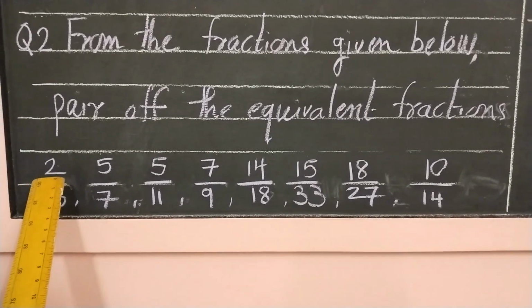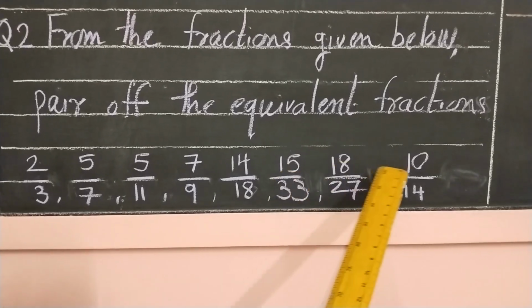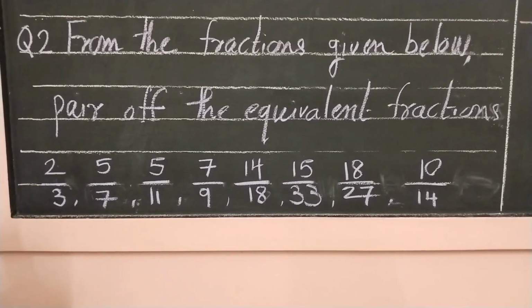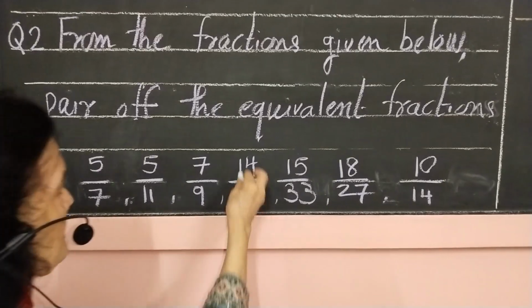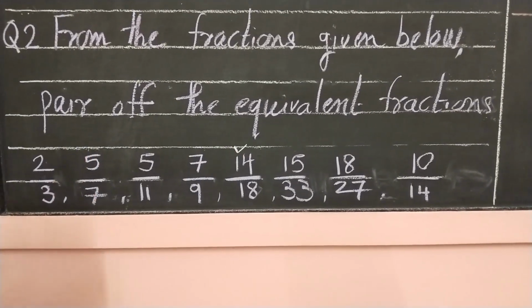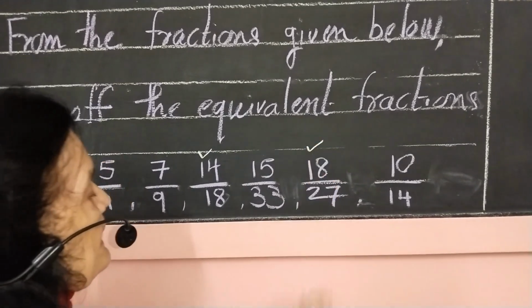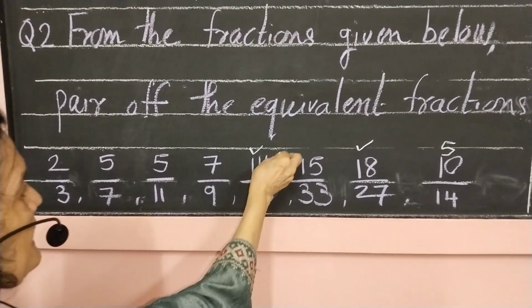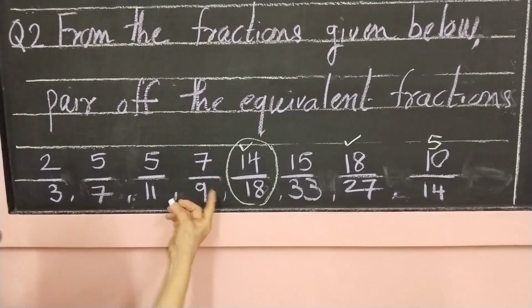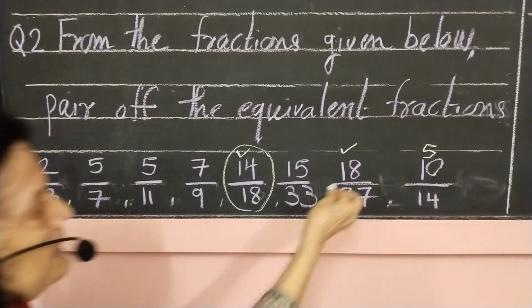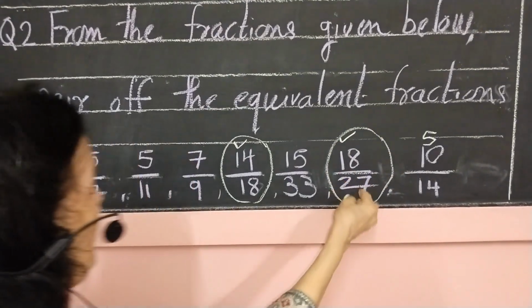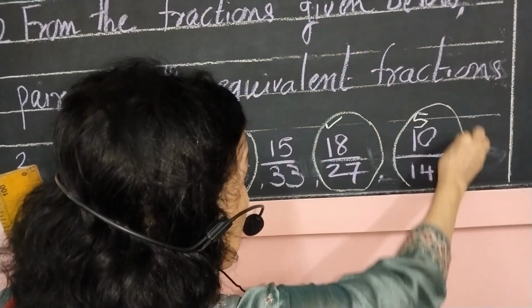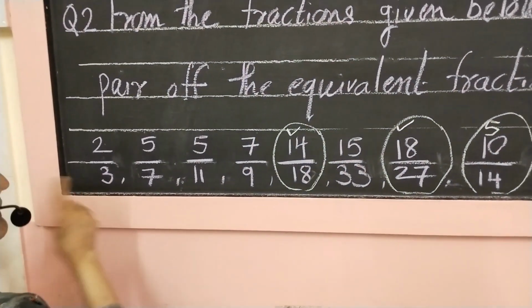Find out which numbers in the numerator come in the table of 2. Now these numbers come: 2 sevens are 14, 2 nines are 18 and 2 fives are 10. So there is a possibility that this number may be an equivalent, a जोड़ीदार, of this, and this number may be an equivalent of this.